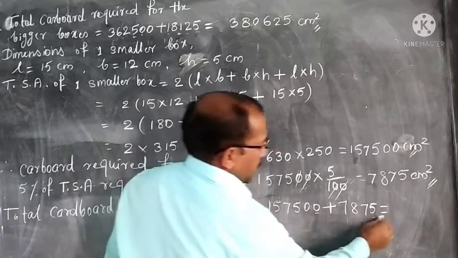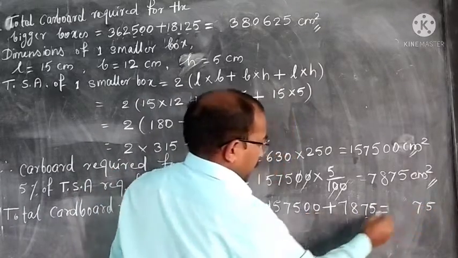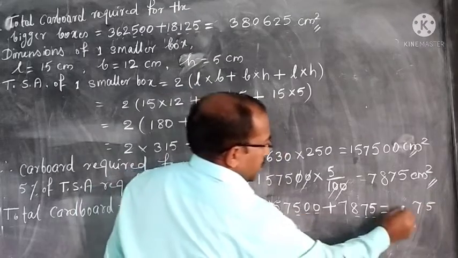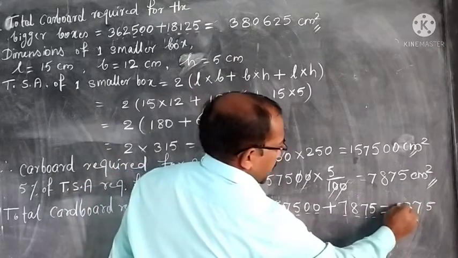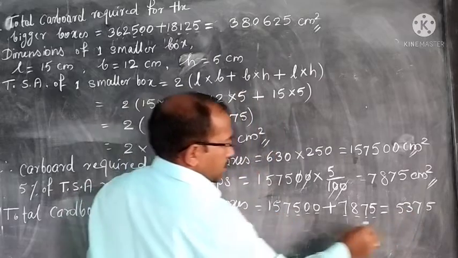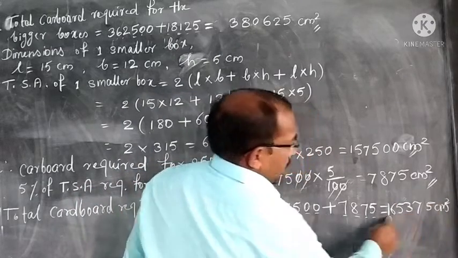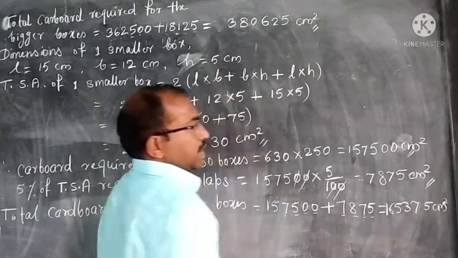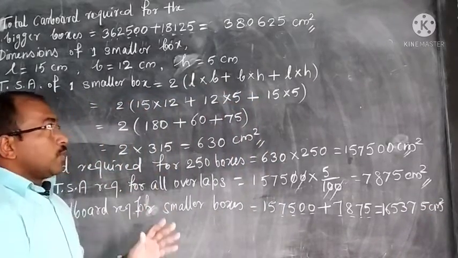We get 1,65,375 centimeter square cardboard needed for smaller ones.